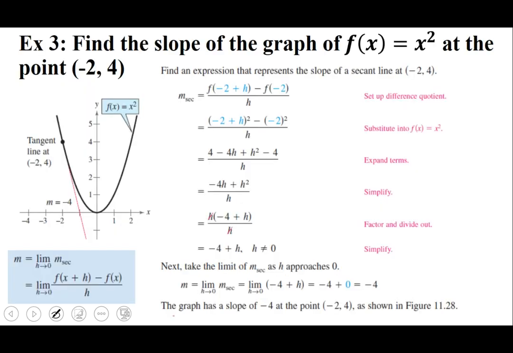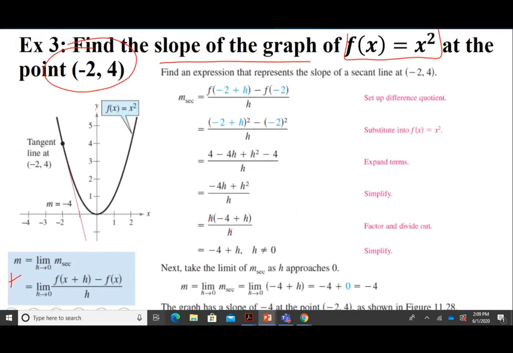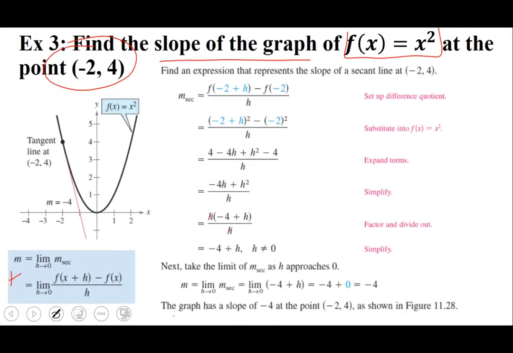So here in example 3, they want you to find the slope of the graph, which is always code for the slope of the tangent line, of the function x squared at the specific point -2, 4. Down here I put the formula so that we could see it.